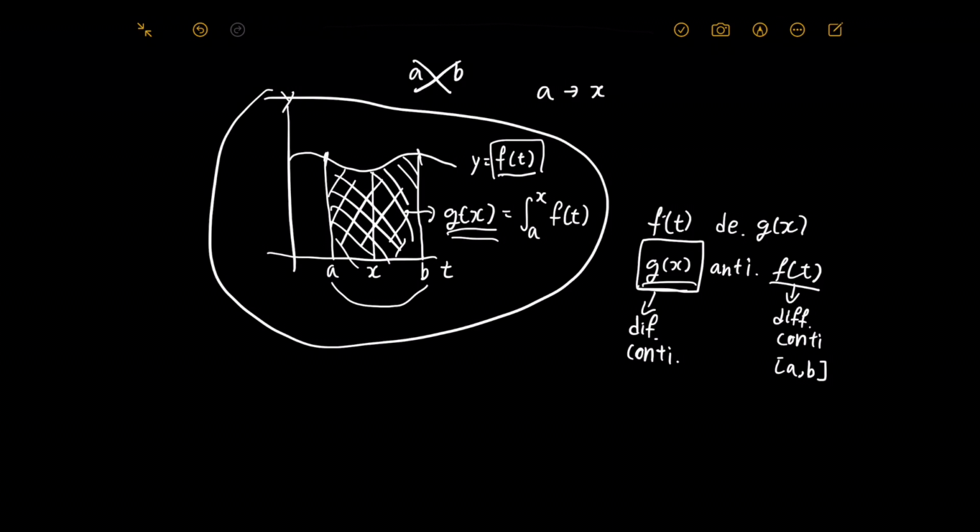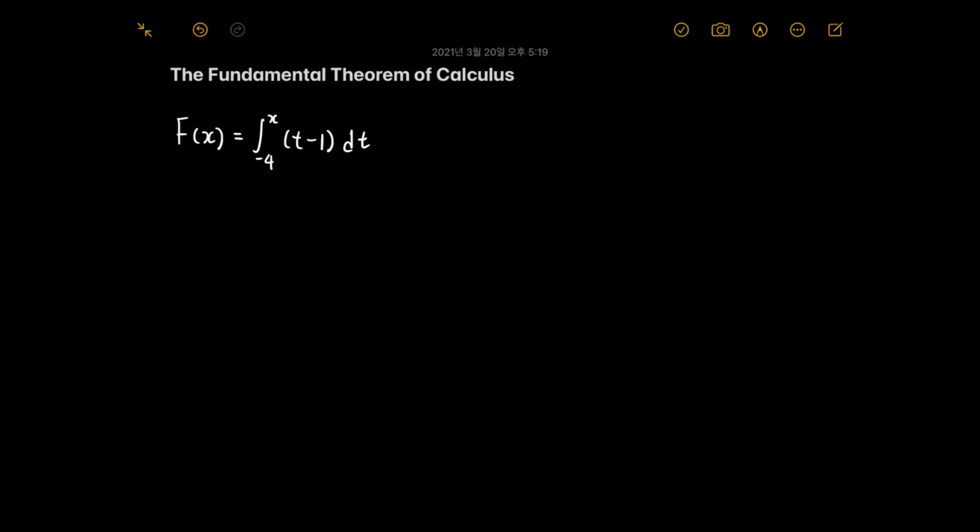And if we take the derivative of that area function, we get the curve. So this is the relationship between derivatives and integrals that can be represented visually. So far, we have learned the definition of the fundamental theorem of calculus. Let's solve a question using this theorem.